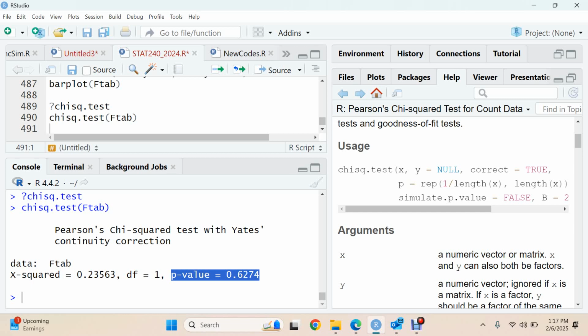What is the H naught? That there's no relationship, right? And H1 is that there is a relationship. Is that okay? So here, we fail to reject the null hypothesis, which means there is no relationship between the sex and which hand is on top. Something like that. Okay. So that's it.